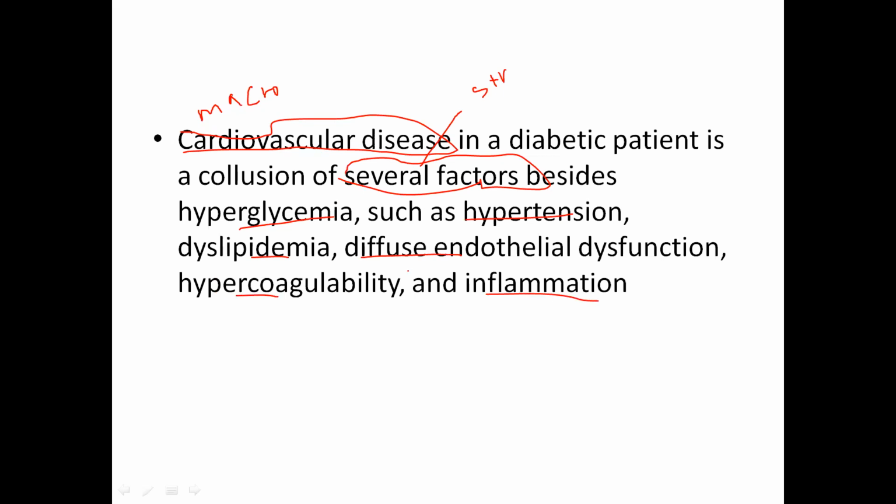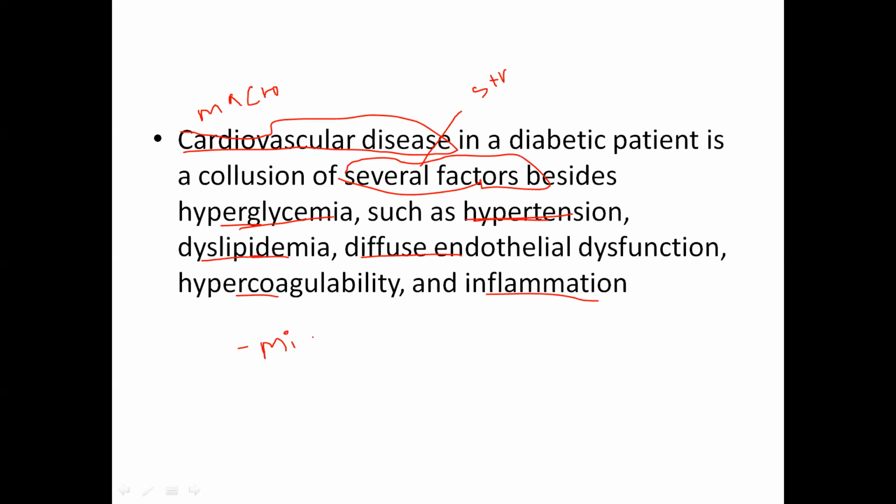So, for this macrovascular complication, we need those additional factors instead of only hyperglycemia to reduce it. So the answer is one of the microvascular complications.